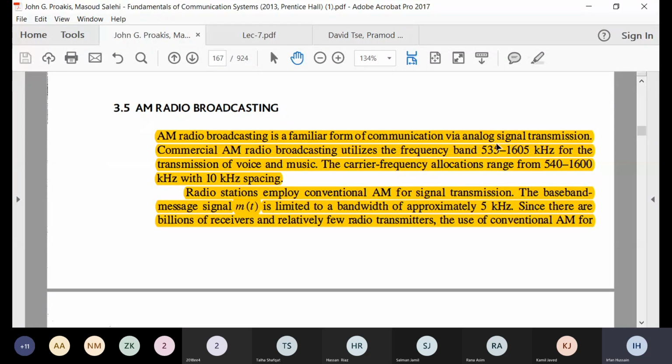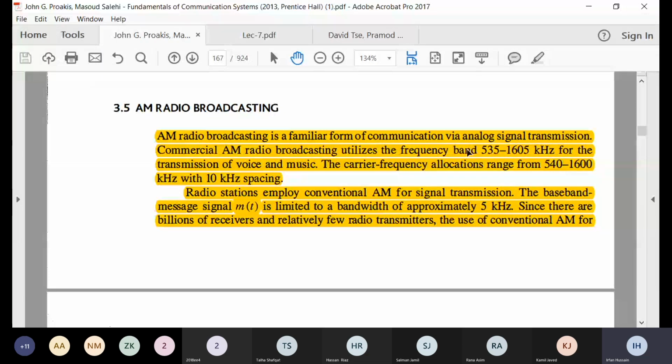They cannot be at 535 or up to 539, because each voice message has a bandwidth of 5 kilohertz, and in the passband channel it will occupy a bandwidth of 10 kilohertz. So it should be at 540, so that 5 kilohertz below goes down to 535 and 5 kilohertz above goes up to 545. Then it will properly lie in this range.